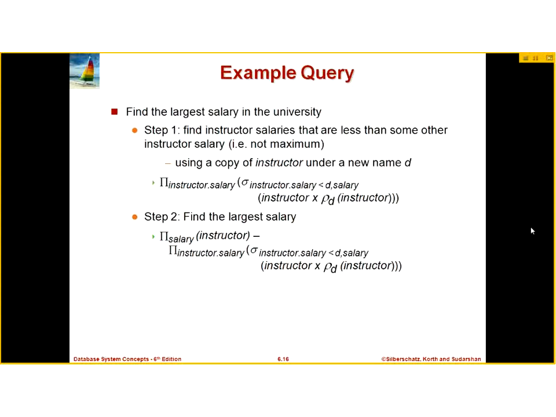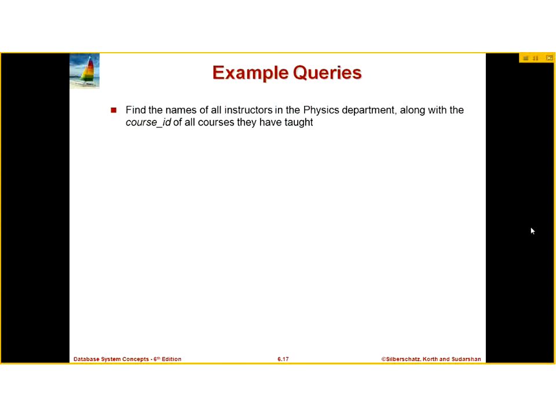You are projecting the salary column from the instructor table and calculating the difference from instructor.salary, where salary is less than the salary of the other instructor. So you can write queries in this way for every expression, or you can write an expression for every query.